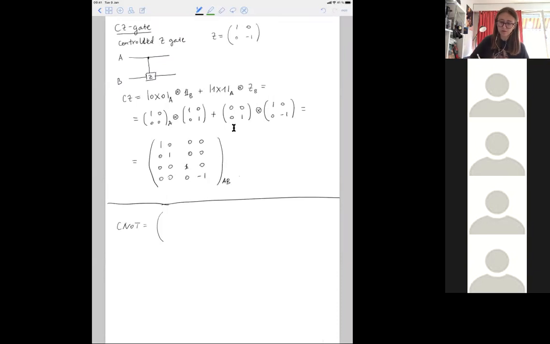So again, the CNOT matrix looks the following way. Maybe I should have done it bigger, but just like this.